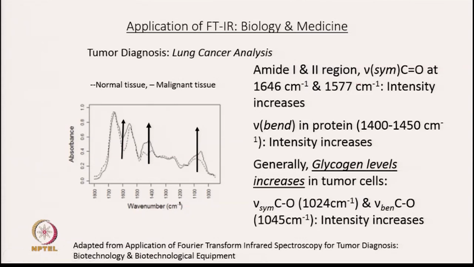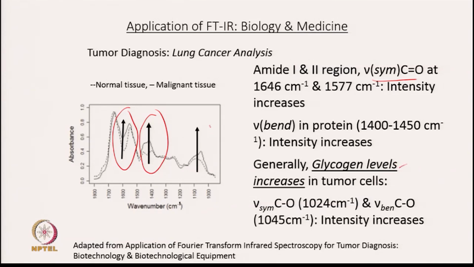What you can see is that there is a difference in the amide 1 and 2 region, and this is because of symmetrical stretching of C double bond O. Here the intensity is increasing. Similarly, you can see this frequency due to bending between 1400 to 1450 centimeter inverse, the intensity is again increasing.